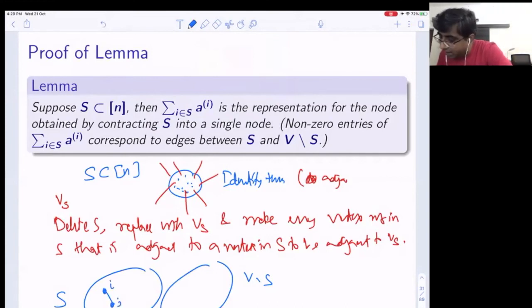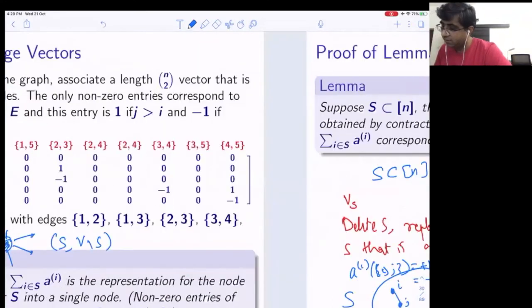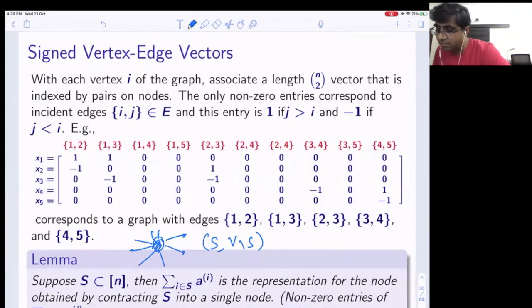If I have an edge ij, then if I look at the coordinate for this vector, at i comma j it will be +1, and for the same coordinate for j it will be -1, right? For example, look at this picture. Look at 1 comma 3.